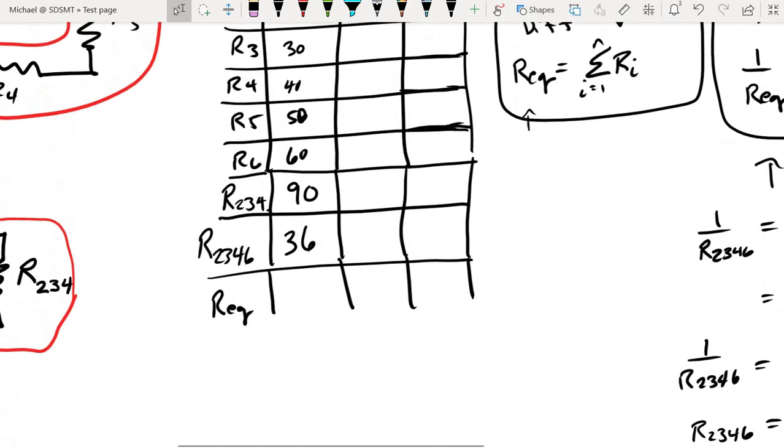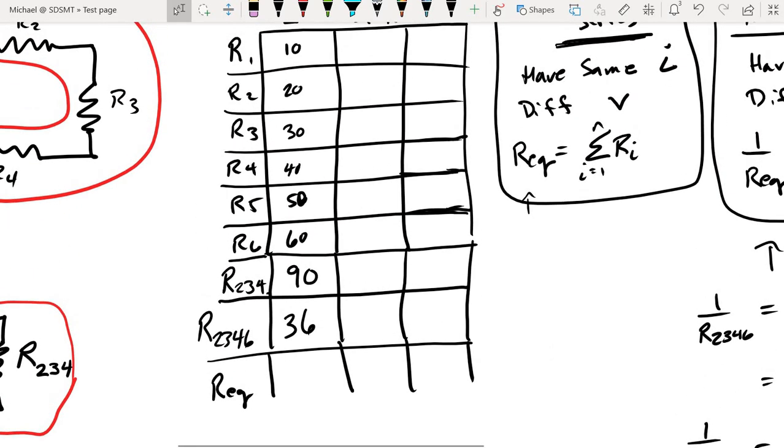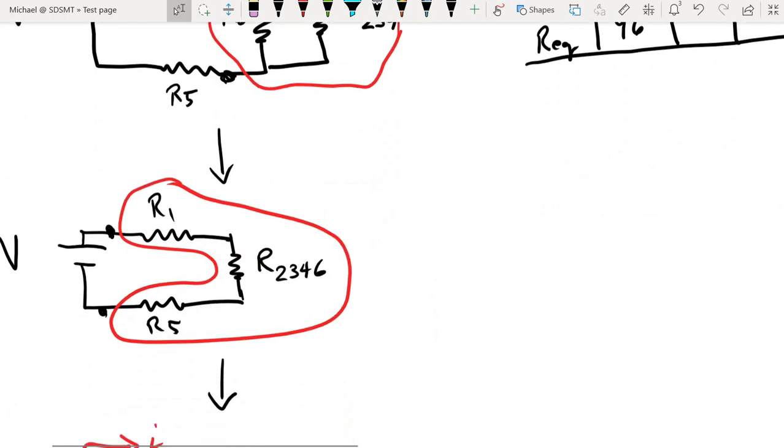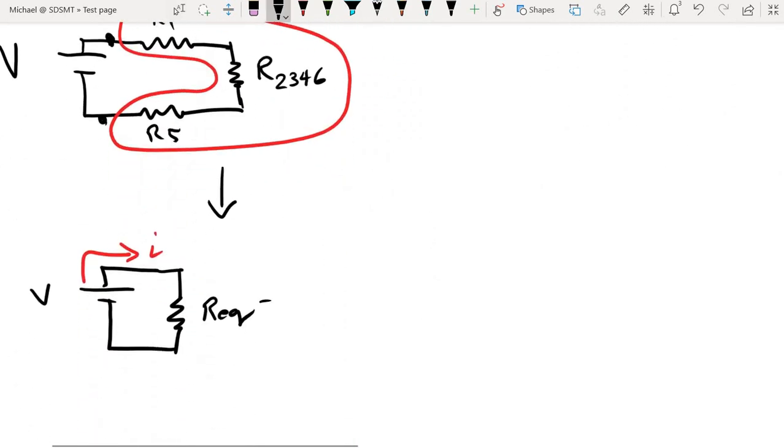So what do we have there for our values? Resistor 1 is 10, resistor 5 is 50, resistor 2346 is 36, for a final equivalent resistance of 96 ohms. Alright, 96 ohms.